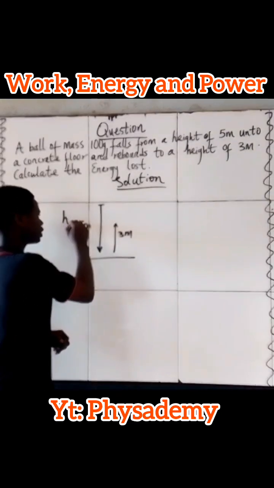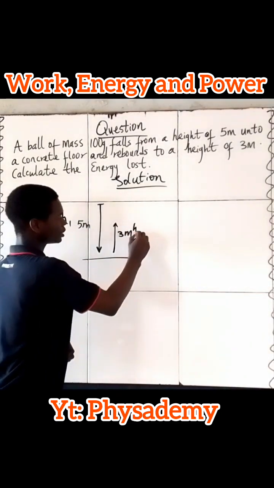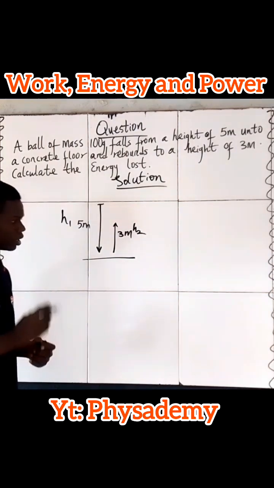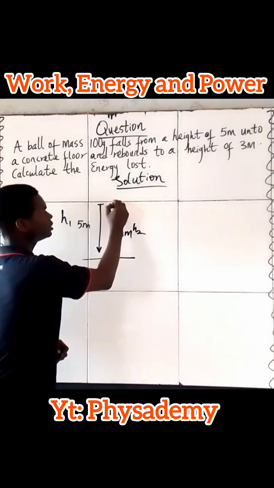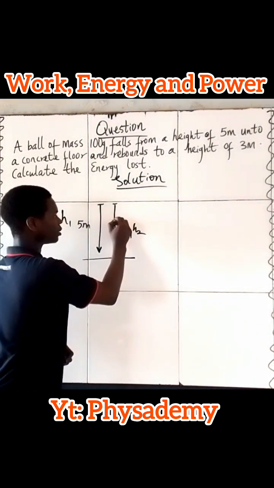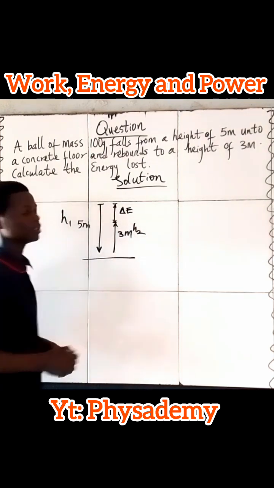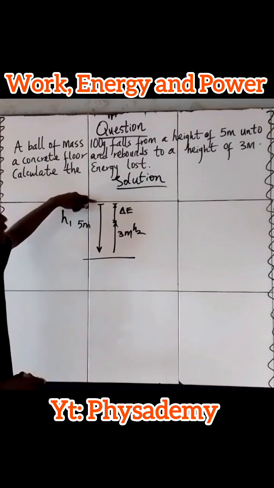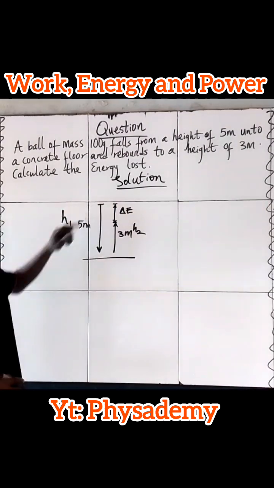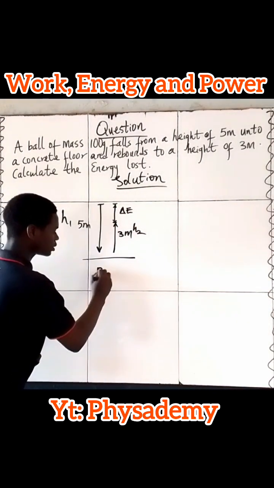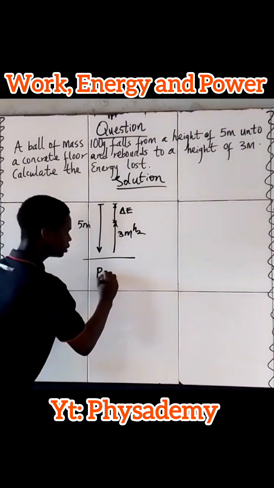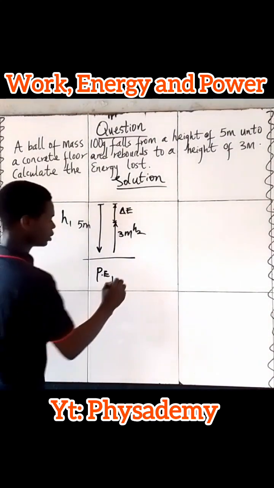Let's call this H1 and this second height H2. Now how do we get the energy difference between here and here? That is the change in energy. Remember, at this height, it has a potential energy, which we'll call PE1.